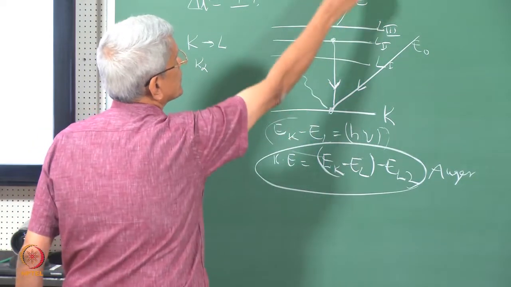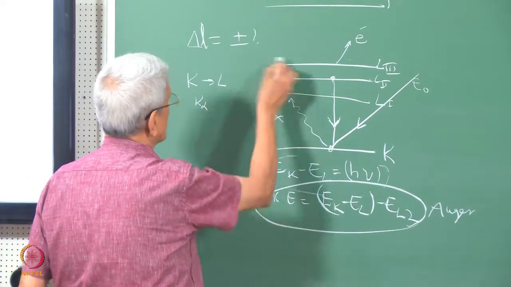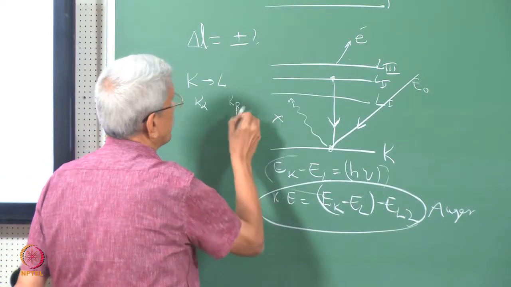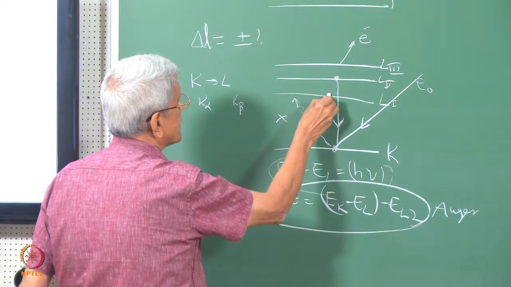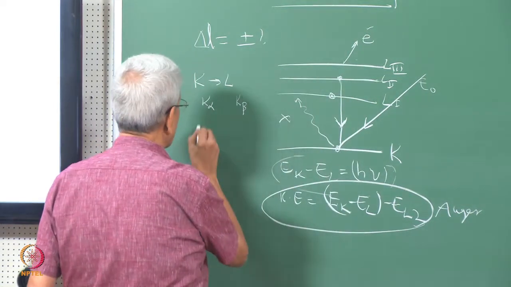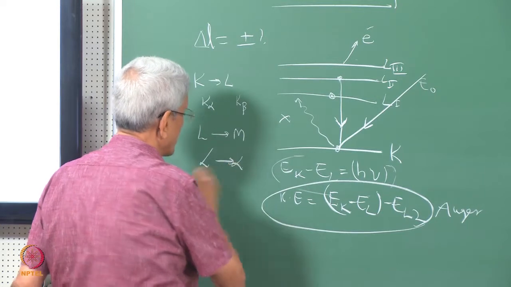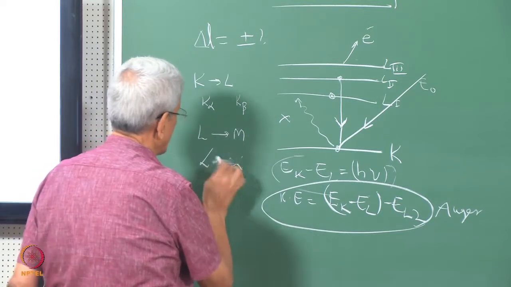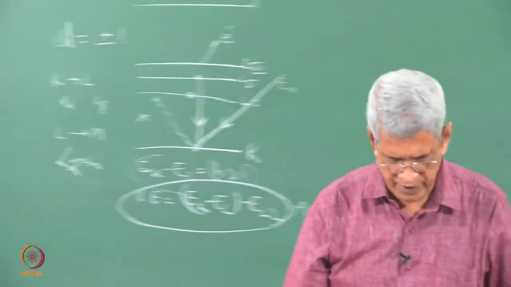If it is from the M level, that can also happen, K alpha 1, alpha 2, and similarly K beta peaks will come. Similarly, if the vacancy is created in the L level and an electron from a higher M level comes, L to M, then we call it an L alpha type of transition. These are the designations which are used for the various transitions.